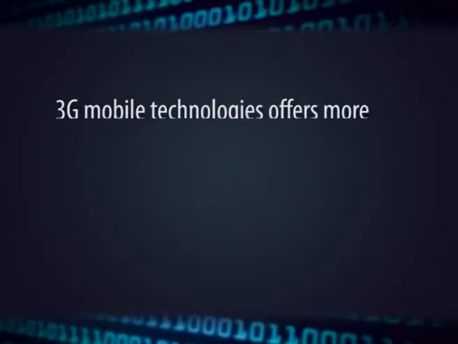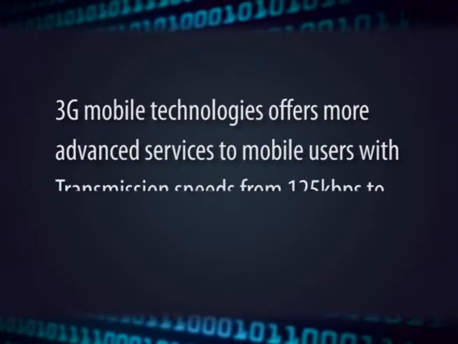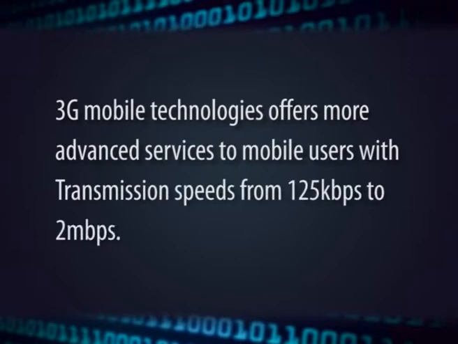The use of 3G technology is also able to transmit packet switched data efficiently at better and increased bandwidth. 3G mobile technology offers more advanced services to mobile users with transmission speeds from 125 kbps to 2 Mbps. In 2005, 3G was ready to live up to its performance in computer networking, WCDMA, WLAN and Bluetooth, and mobile devices area, cell phones and GPS.